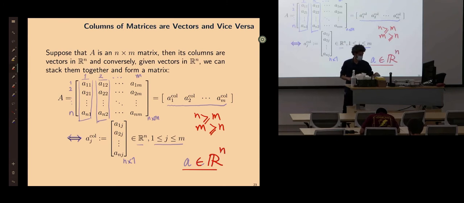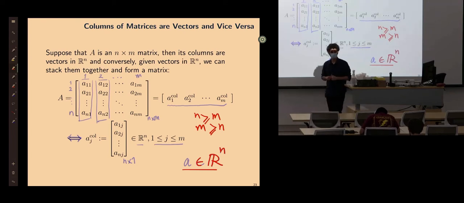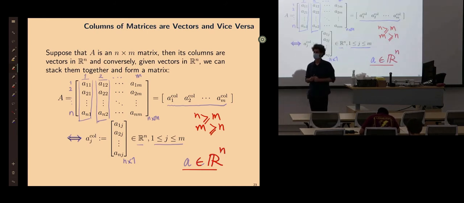If m is greater than n, if the number of columns is greater than the number of rows, how is that possible? Because we have, for example, 10 directions in a 5-dimensional space.